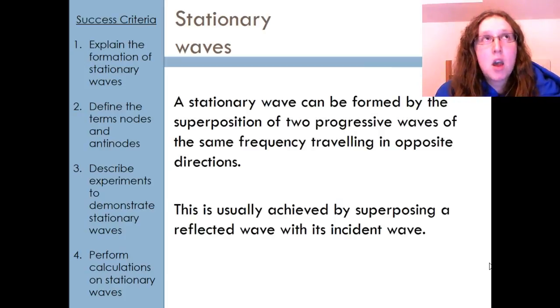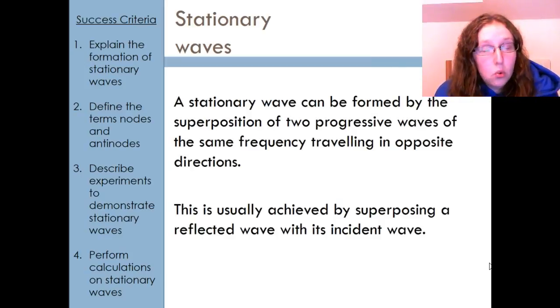A really common question in the exam is to explain how a stationary wave might be formed in a specific situation. It's often a wave that's been sent down a string, or a sound wave being sent to the bottom of a pipe, like a flute or a clarinet, or even a milk bottle that's got a closed end.